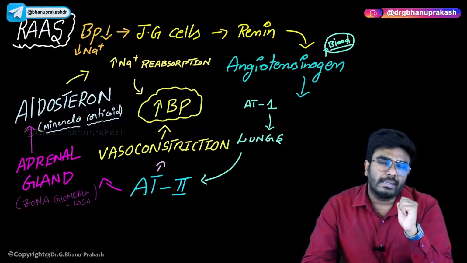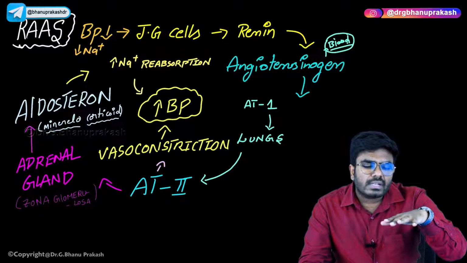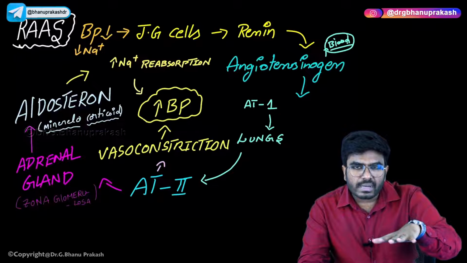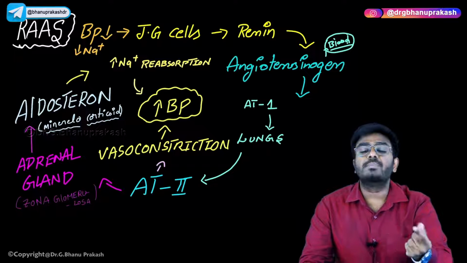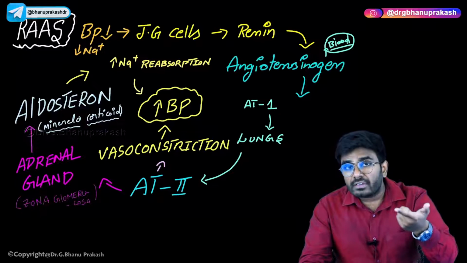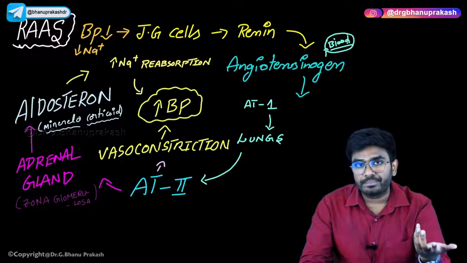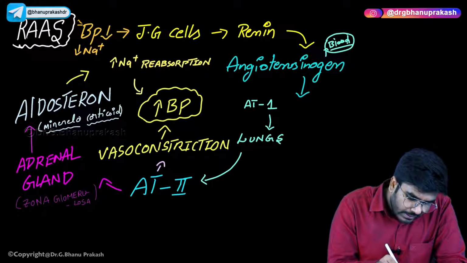Now you should tell me when the RAAS pathway will be activated. Whenever the person is going into hypotension, whenever the BP of the person is getting decreased, in those conditions the RAAS pathway will be activated. Now activation of the RAAS pathway will increase the BP. How, sir? That we will discuss now. See, this is the starting point.